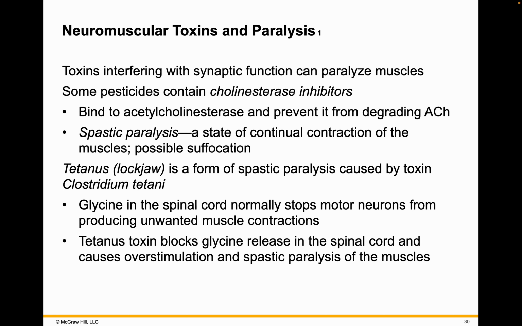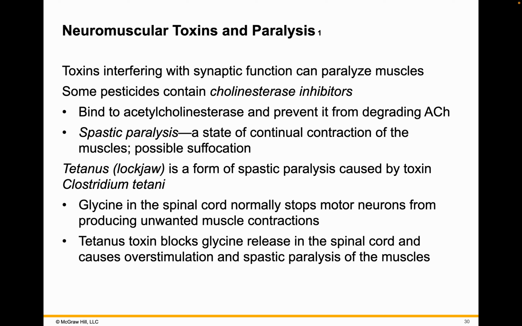There are some toxins with synaptic functions that can paralyze muscle cells. Some pesticides contain cholinesterase inhibitors. They will bind to acetylcholinesterase and prevent it from degrading the acetylcholine. That can lead to spastic paralysis, continual contraction of the muscles.